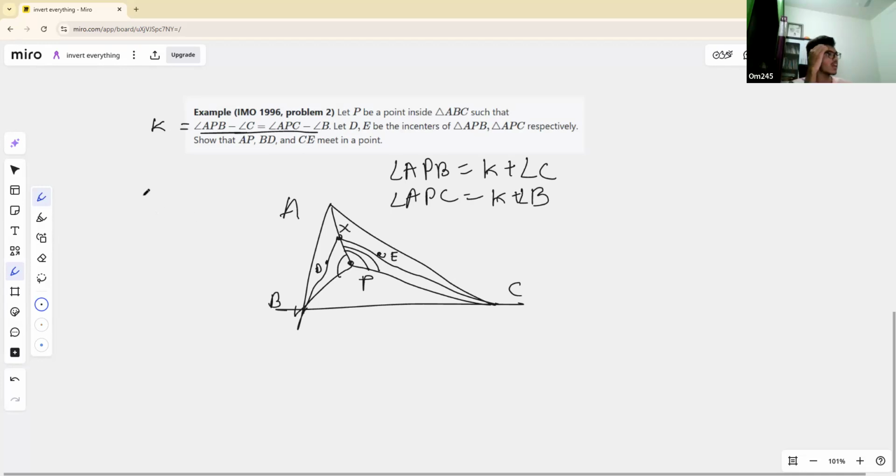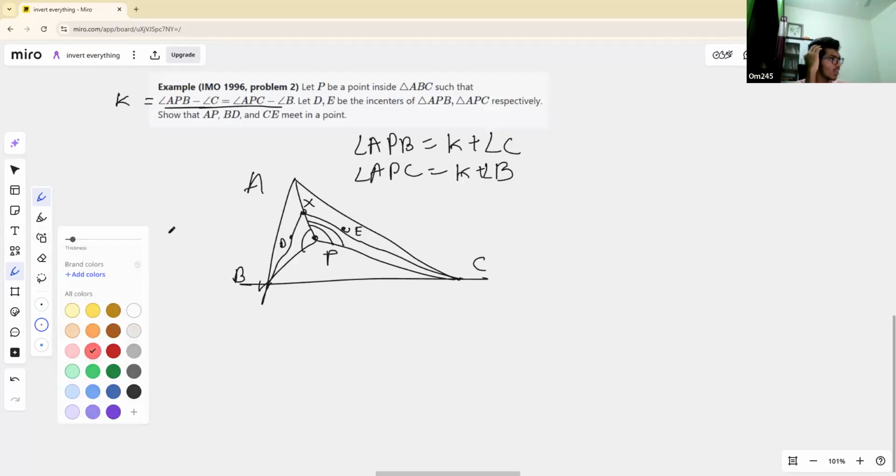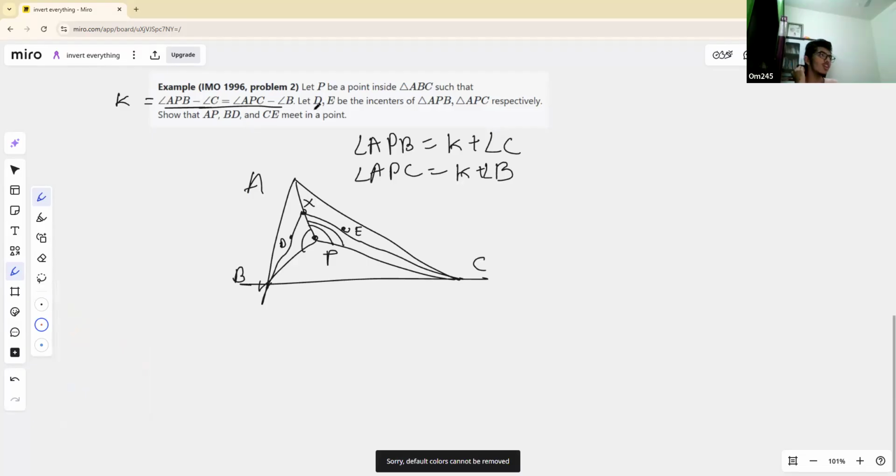First of all, you need to note that we are not using D and E as incenters. The only thing we are using is line BD and line CE, which are basically angle bisectors. So we don't use much about the incenter. We just use that BD is an angle bisector, CE is an angle bisector.